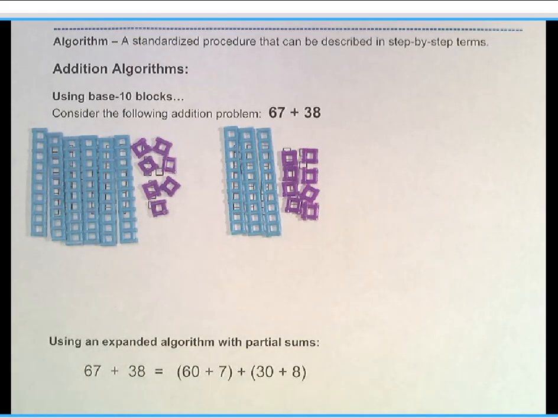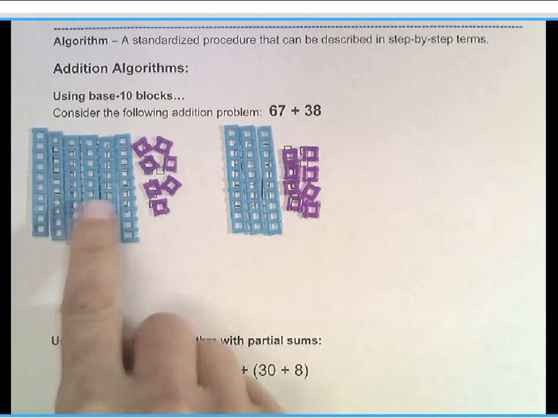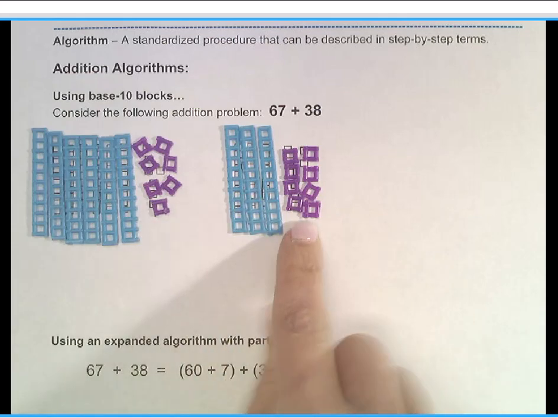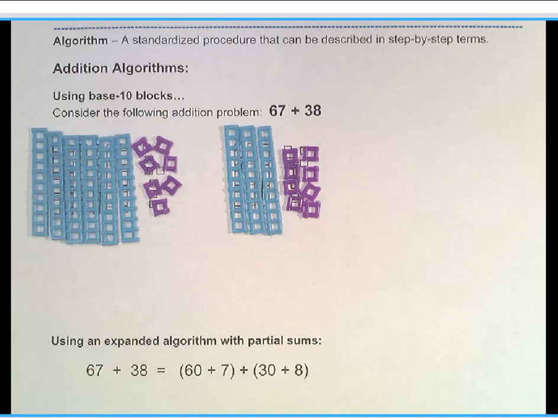All right, so we're going to be adding 67 plus 38. So I have 6 10s, and then I have 7 1s, and then I have 3 10s, and I have 8 1s. So I've got it all displayed there. If you want to add, what you're going to do is basically group the color groups together. You're going to put the 10s together, and then you're going to put all the little 1s together.